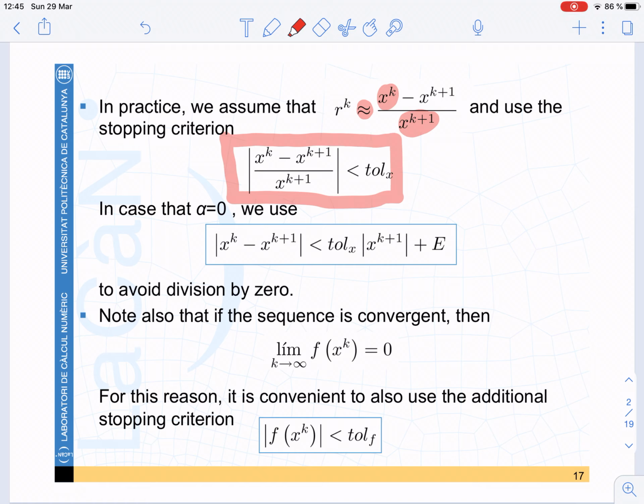Okay? Of course, if x_k tends to alpha, it is also true that the limit for k tending to infinity of f is 0. So we also use this other stopping criterion based on the value of f.